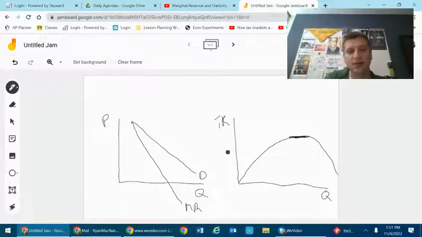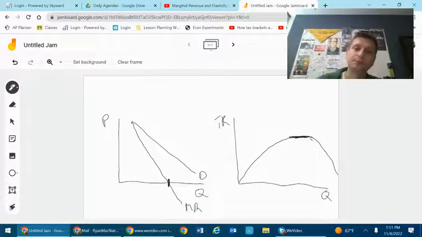And that flat line is going to be at the same quantity where marginal revenue equals 0, because that means that you're no longer adding to your total revenue. Then once your marginal revenue goes negative, then your total revenue needs to start decreasing. So that's this downward sloping portion.